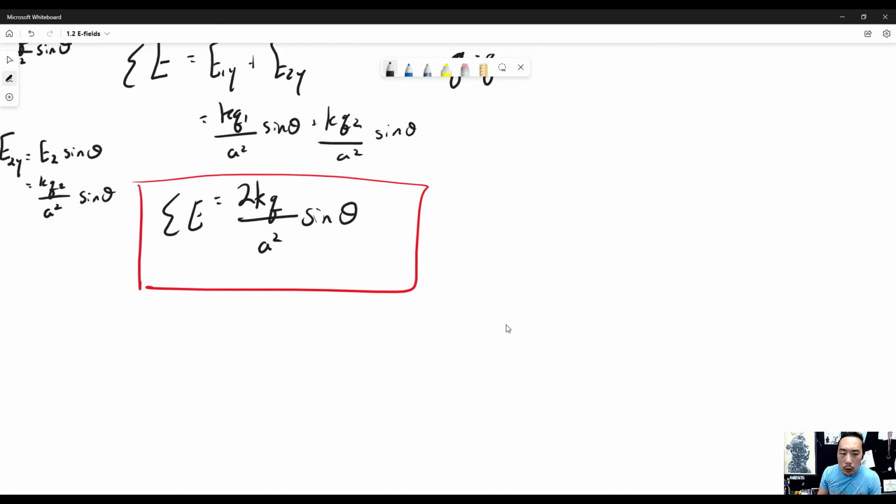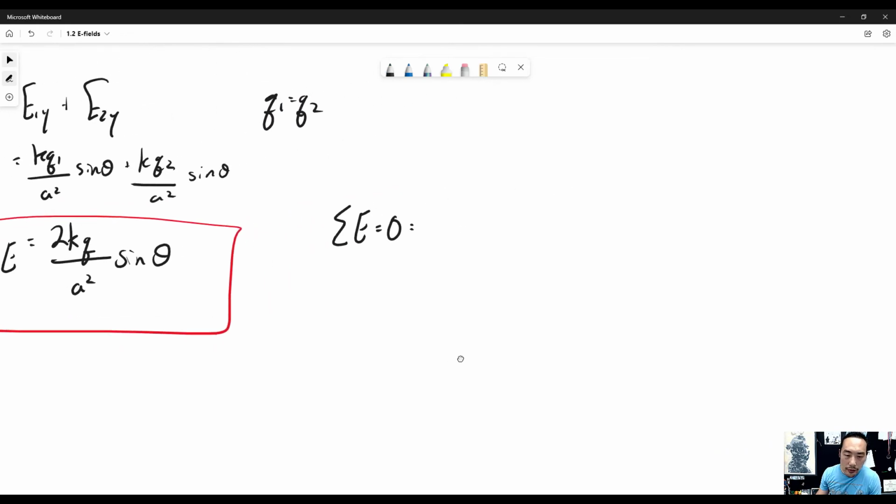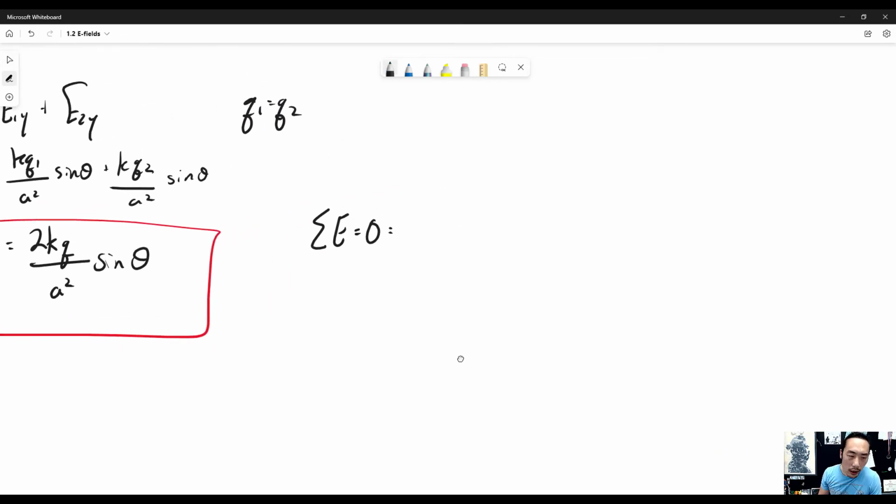Okay? We know that, let's just call it the net field, has to equal 0 Newton coulombs. And we know that the net field has to come from two sources. So we have E1 plus E2 plus this new E field, I'm just going to call it E3.